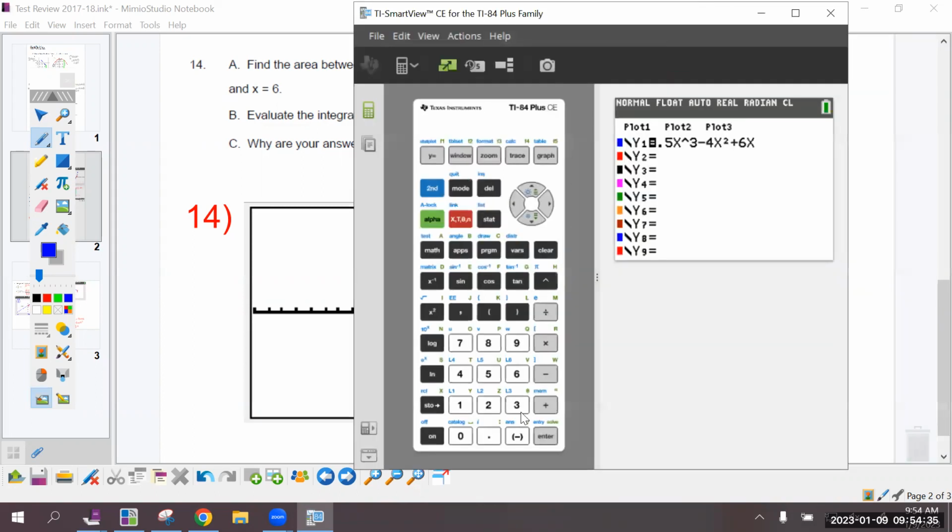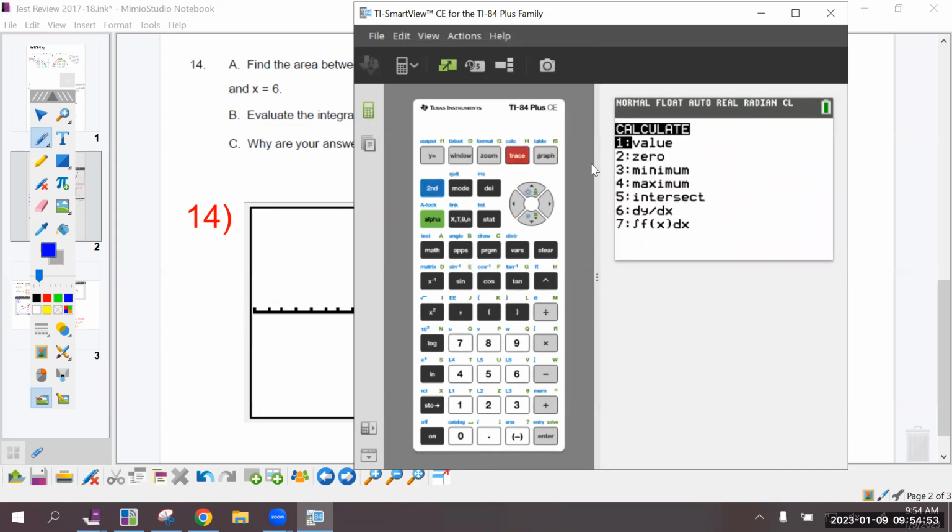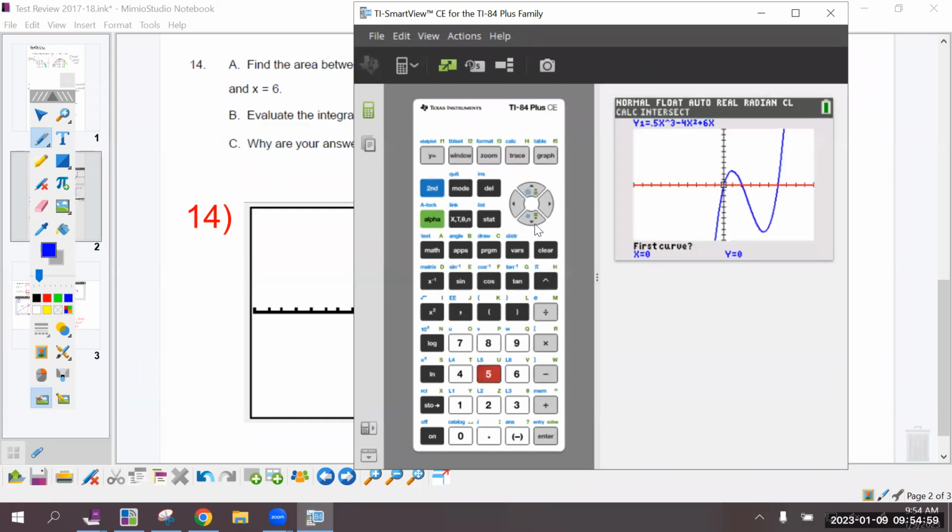And then the calculator has a calculate the x-intercept, but it's a lot of button pushing. I like to calculate the intersection instead. So if I graph y equals 0, which is the x-axis, I'm going to use a different part of my calculate menu. So I'm going to go to second, calculate. Instead of using the 0 for x-intercept, I'm going to use intersect, which is 5.